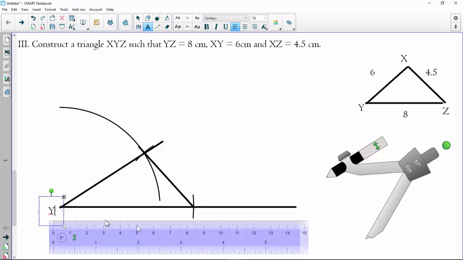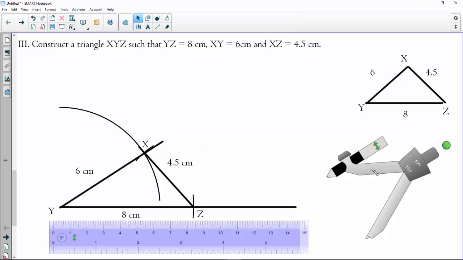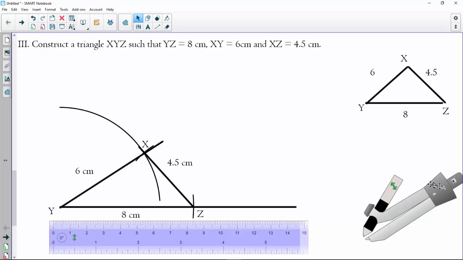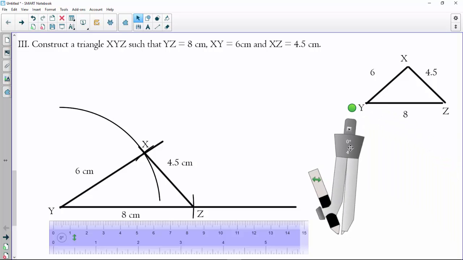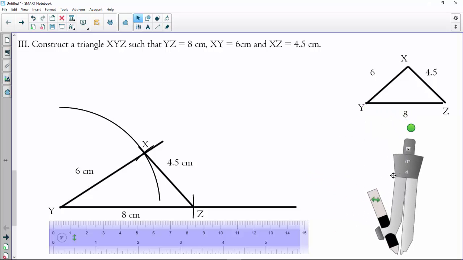And to wrap up, we simply label the triangle and insert the dimensions. Here is Y, here is Z, X, wonderful. And we have just finished constructing a triangle given 3 sides.